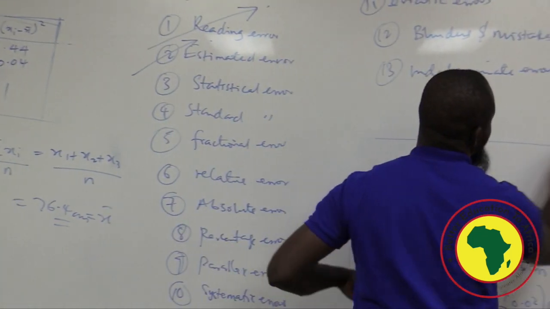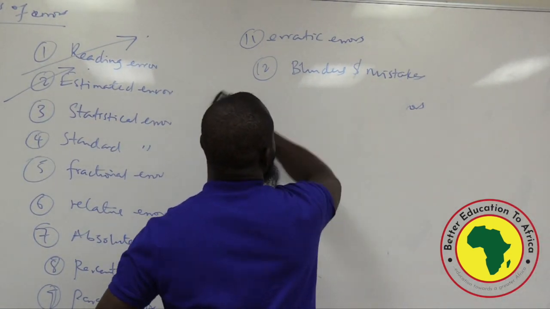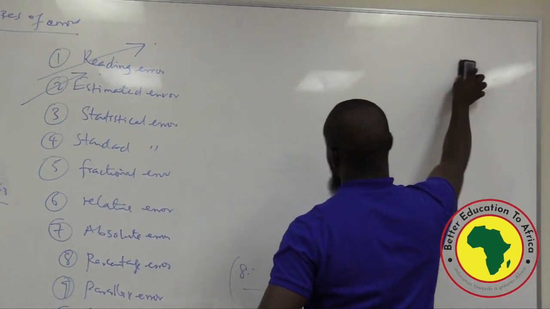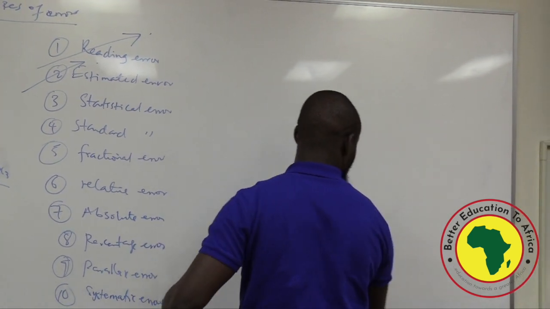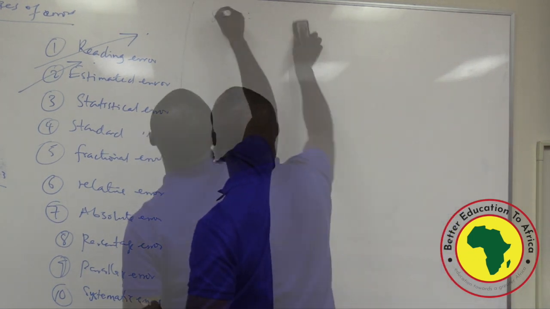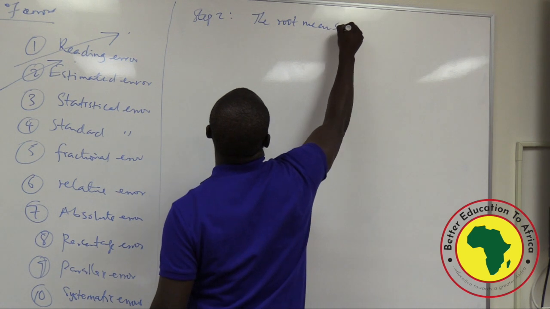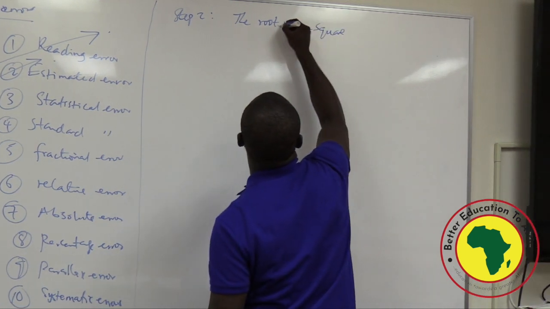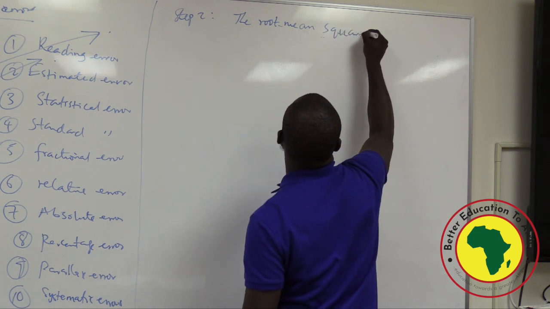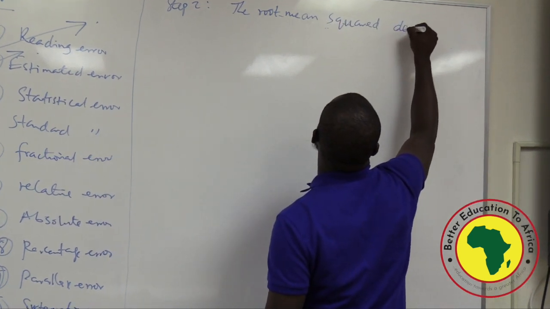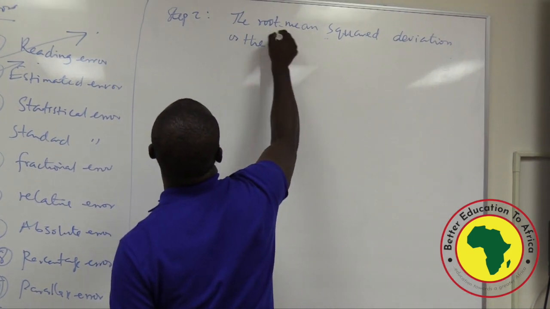So the next step now is to compute what we call the root mean square deviation, also called the biased standard deviation.